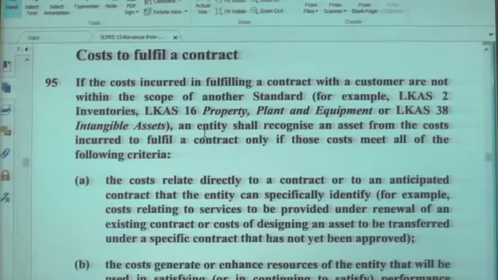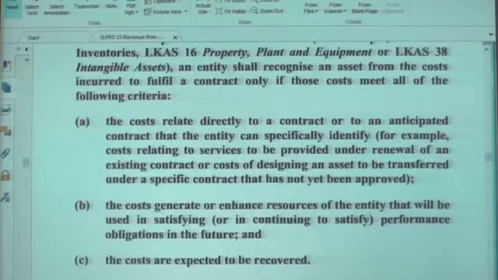Is that clear? But you can debit into that account if the following criteria are met. What is the first one? The cost relates directly to the contract. That cost should be related to the contract directly. Is that clear? Number 2, the cost generates or enhances the resource of the entity that will be used in satisfying the contract obligations.